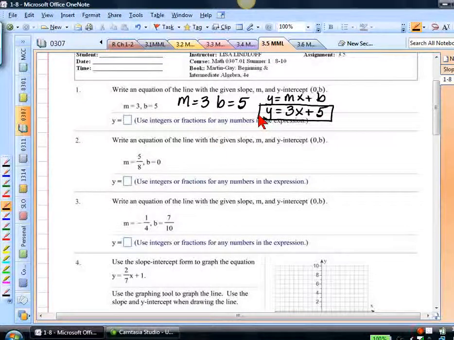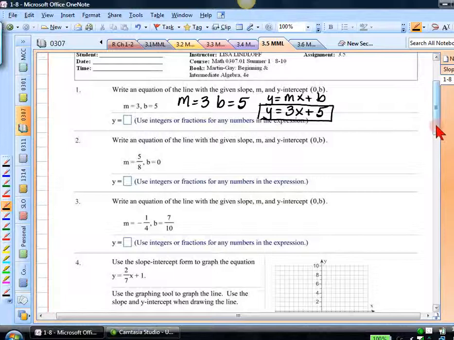If I give you a number to put in for m, and a number to put in for b, you simply put them in their places. I'm not asking you to do anything else. If I give you the slope and the y-intercept of a line, can you write the equation? I hope the answer is yes.